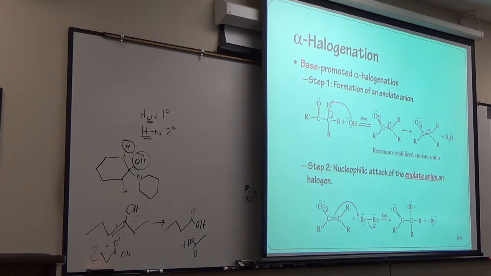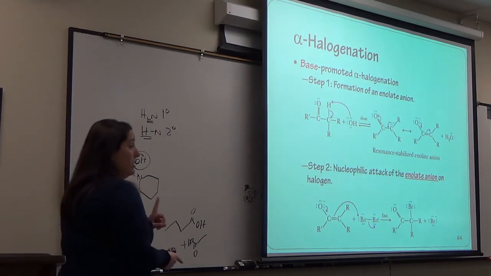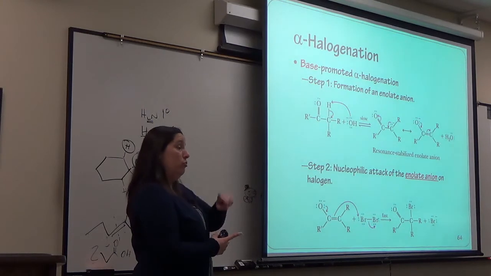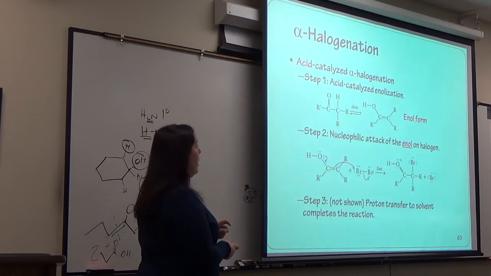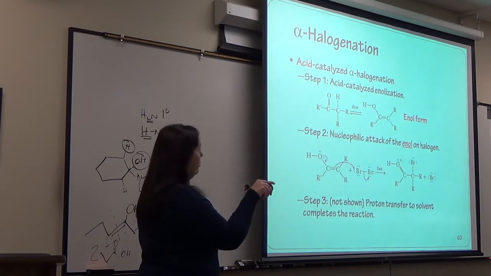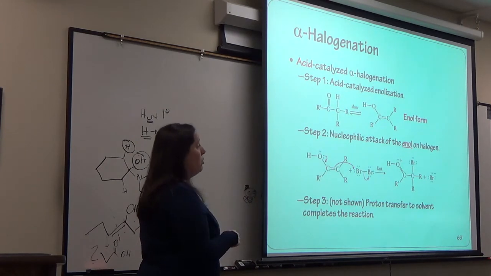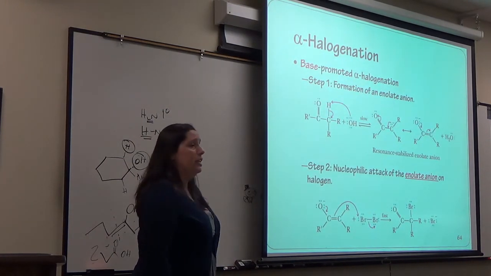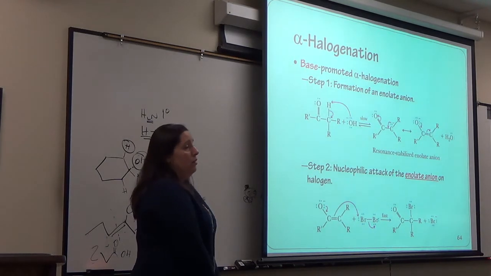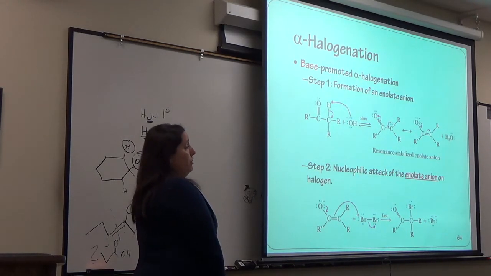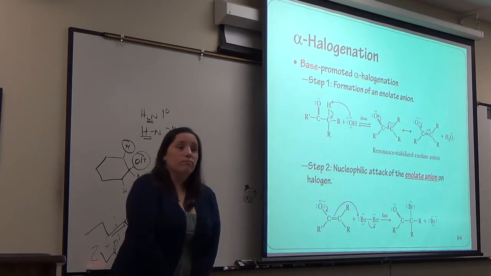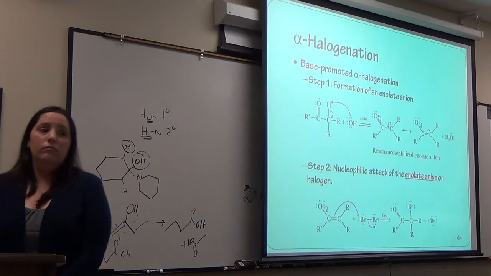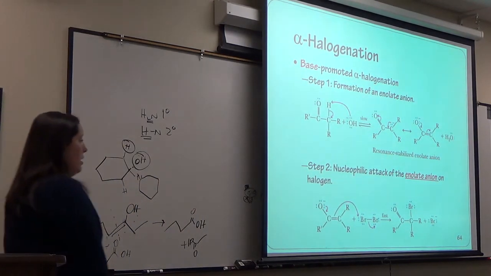The base and the acid are basically the same, except the first step is different. In an acid, it's going to donate the proton, so this is a protonation reaction. You're adding a proton. In the base, you're removing the hydrogen, so this is a deprotonation reaction. So the first step is different. Is the product the same? The product is the same.